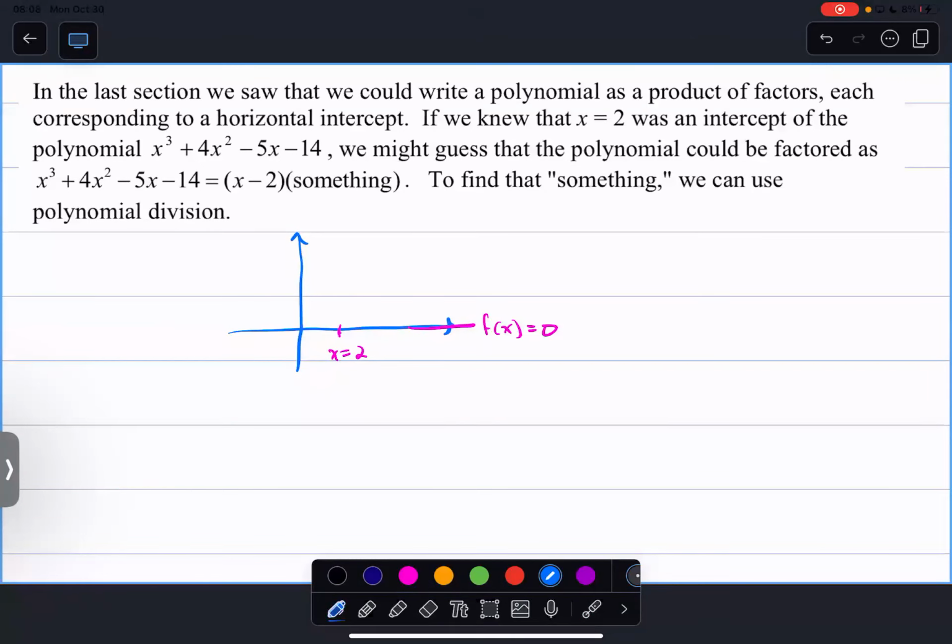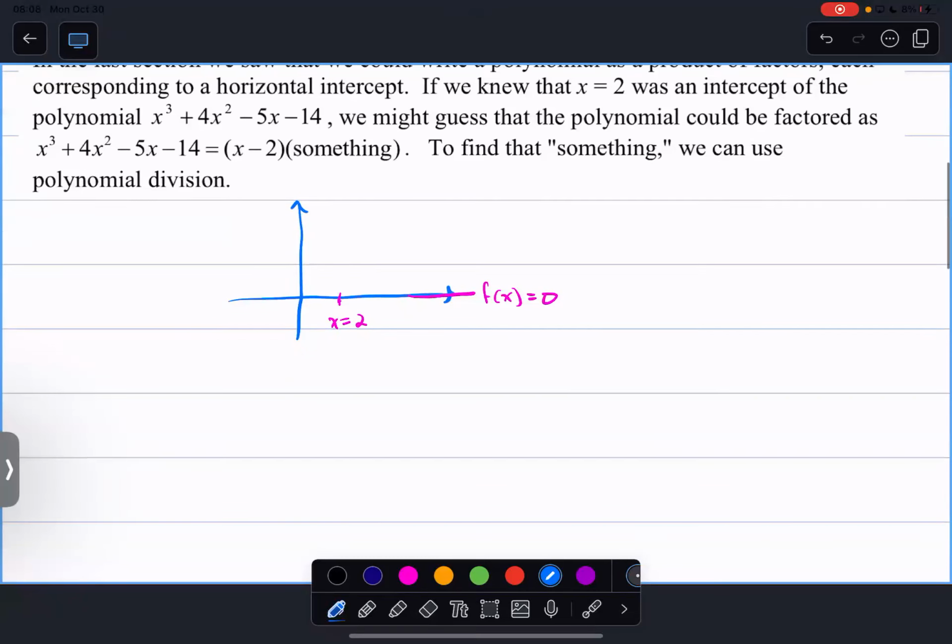And so then what we say is x minus 2 times something tells me that x equals 2 is a horizontal intercept. I'll just write HI. Because if I plug in x equal to 2 here, this goes to 0. 2 minus 2 times anything is equal to 0, which is what satisfies it.